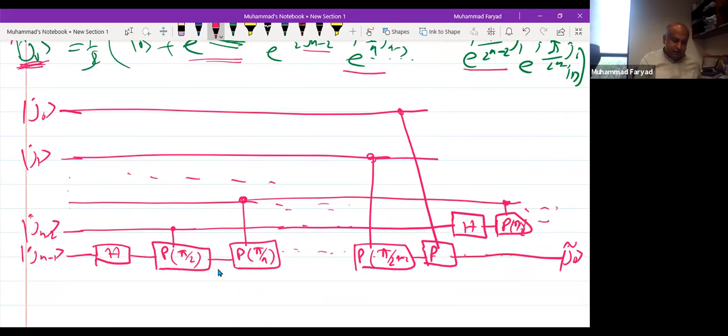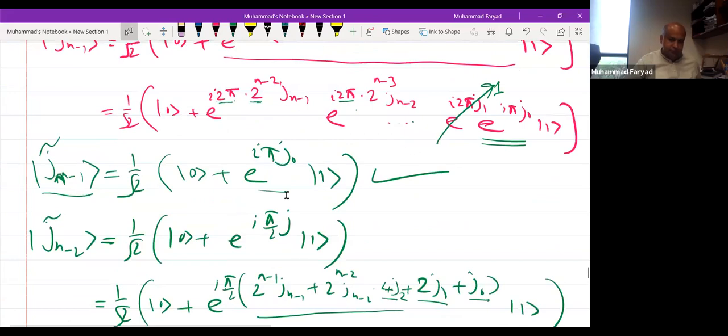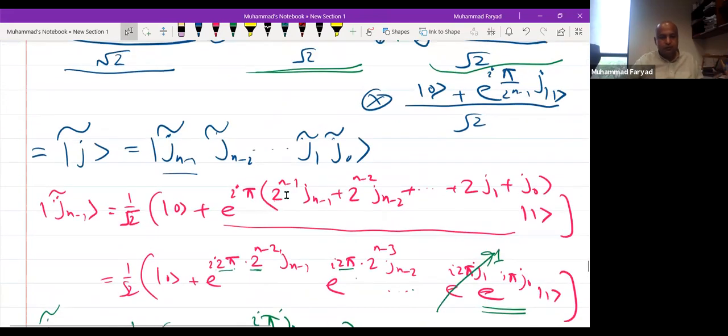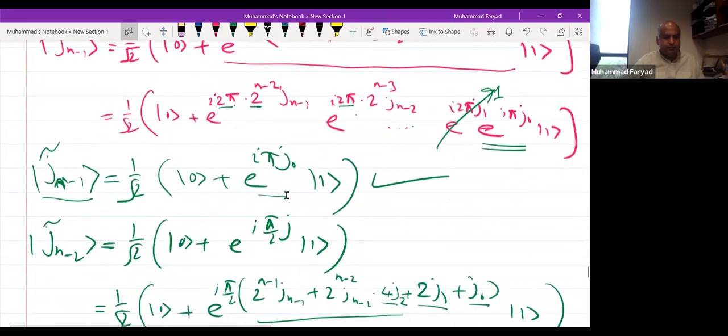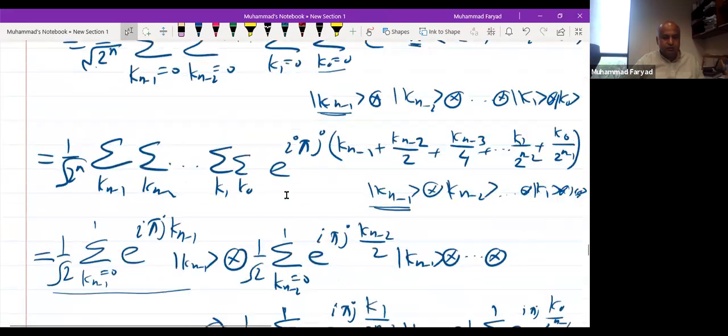Similarly, we keep going up, and at the end we have the simplest case. This is j0.